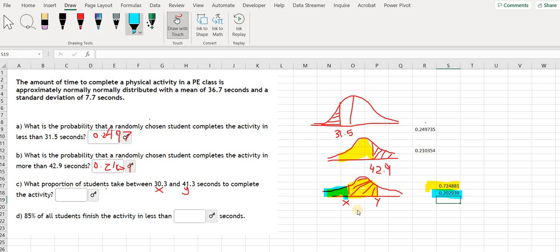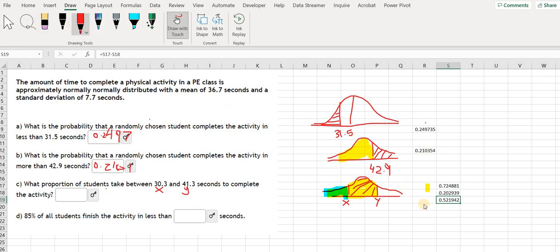If I take the entire yellow area and subtract the blue, I'm going to get the area in between. So I'm going to compute it. That is the yellow area minus the blue area, and it gives me 0.52 for part C.